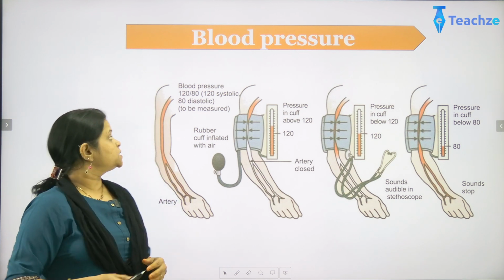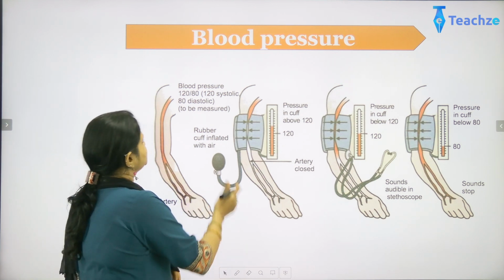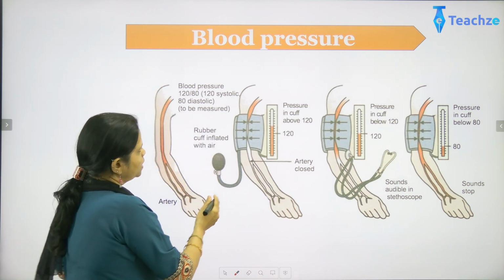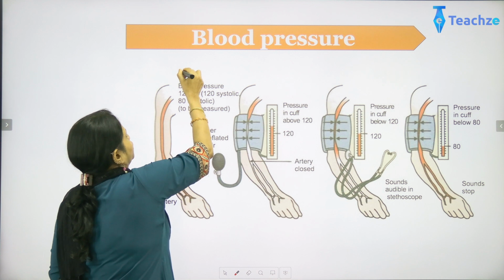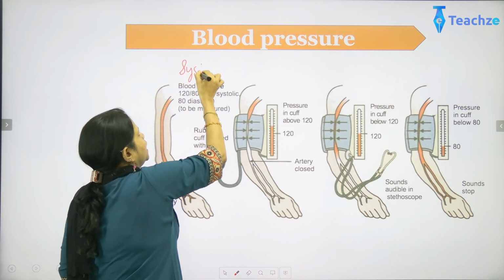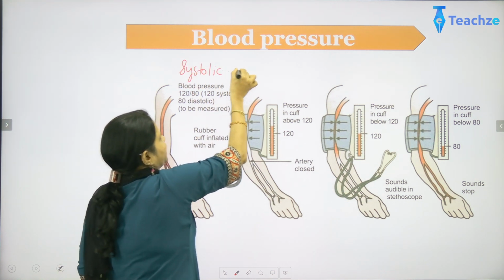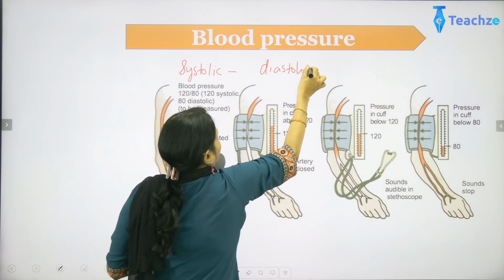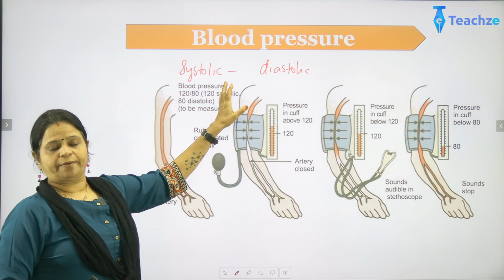The first one is the systolic pressure, which is given here. The other one we have to know is the diastolic. Now what is the meaning of systolic and diastolic?